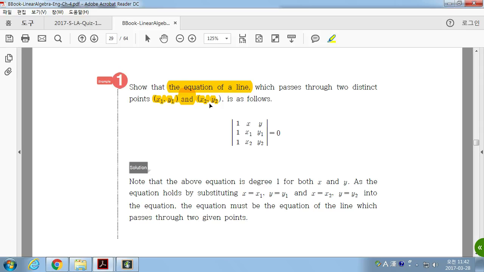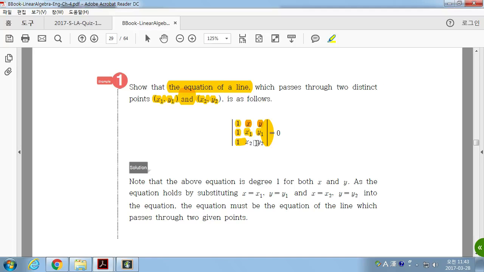All we have to do is check whether these 2 points satisfy this equation or not. If we put the first point, x1, y1, here, what's the determinant of this? 0, because we have 2 same rows. If you substitute x2, y2 here, you again have 2 same rows, so the determinant is 0.